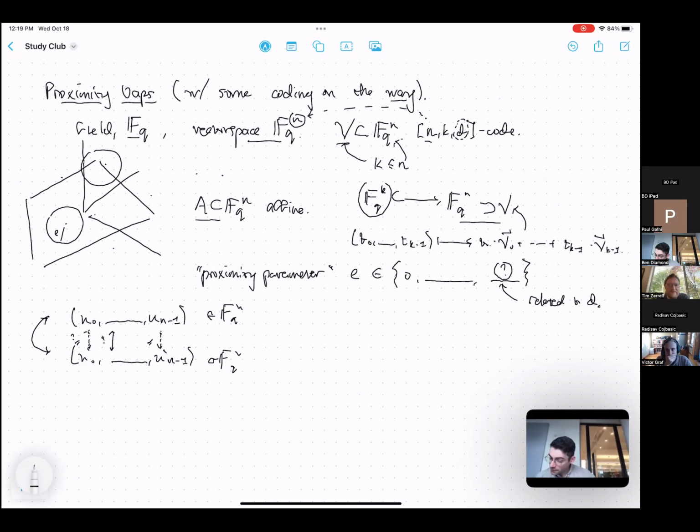And at the end, I get some number of equal components and some number of unequal components, right? And I declare the distance between U and U prime to be the number of unequal components.